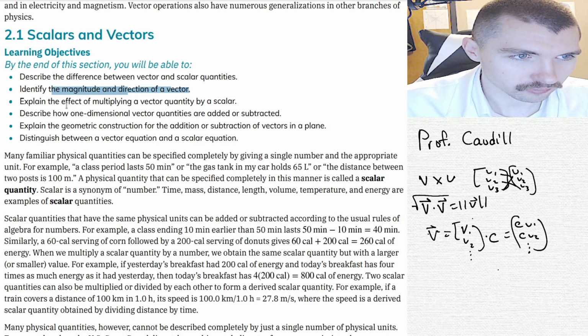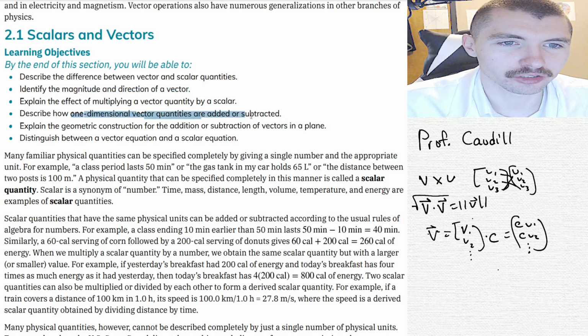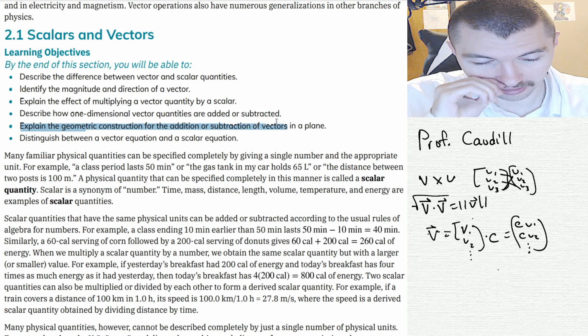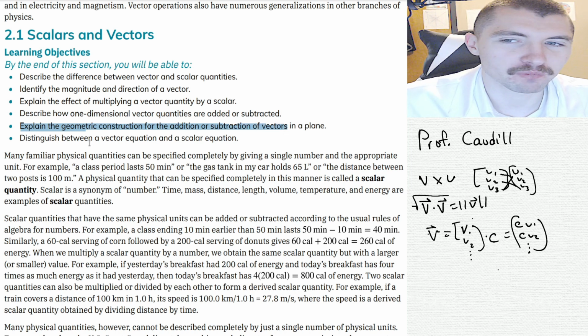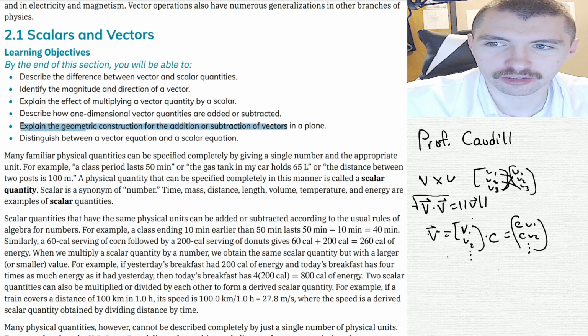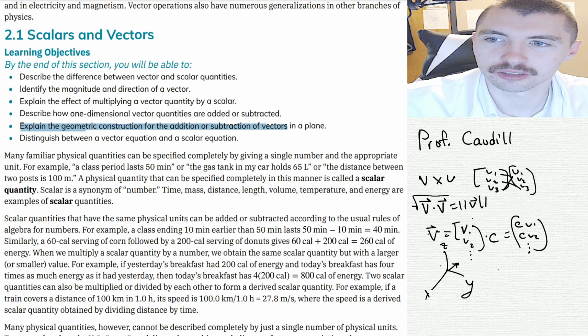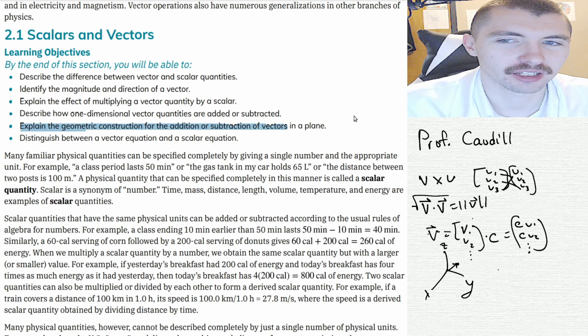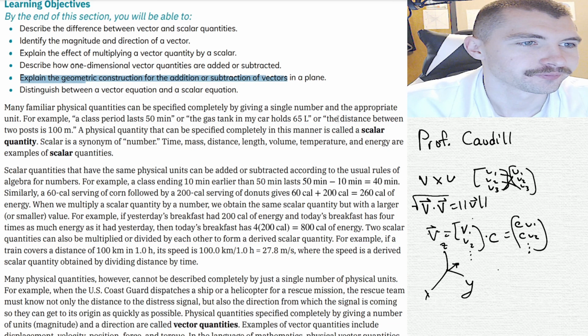Okay. Describe how one-dimensional vector quantities are added or subtracted. Okay. Explain the geometric construction for the addition and subtraction of vectors in a plane. So that might be like you have your z, and you have your x, and you have your y, and you're trying to draw a vector in this three-dimensional grid. You might be asking how you do that.